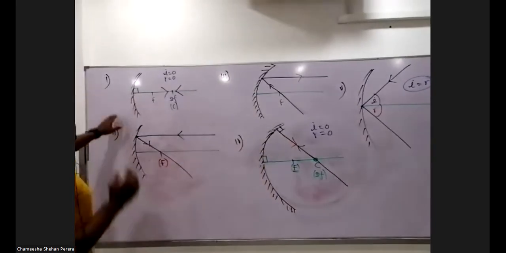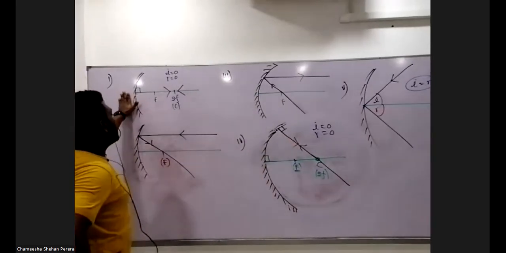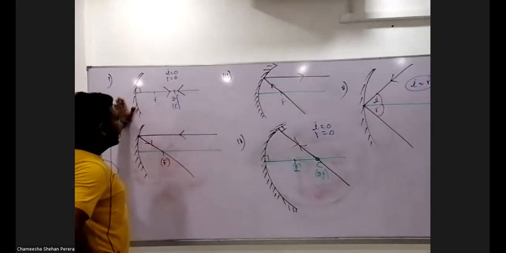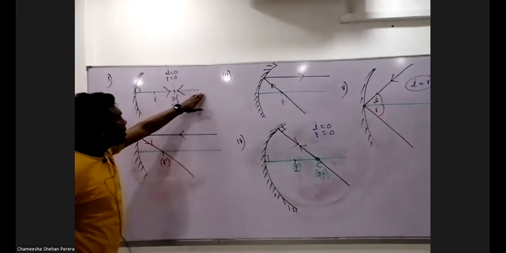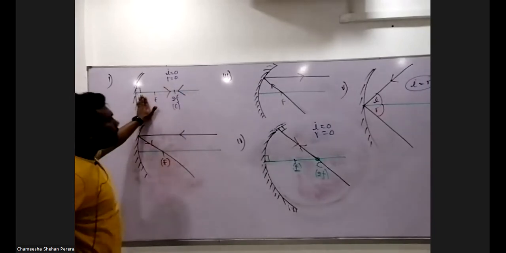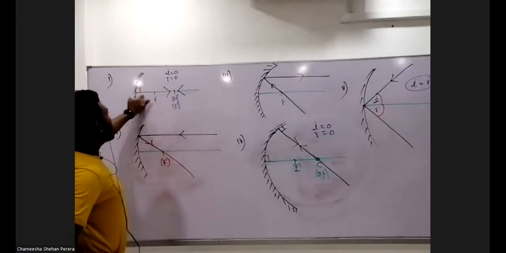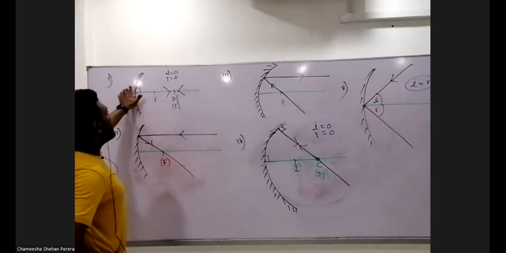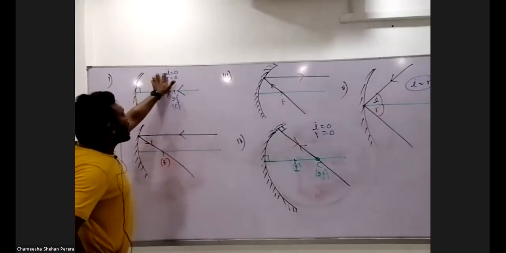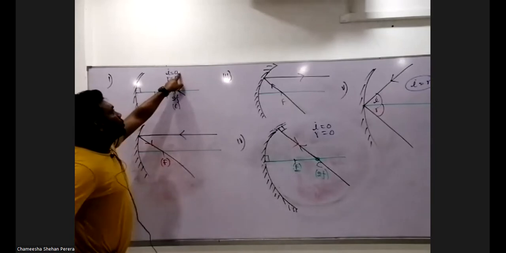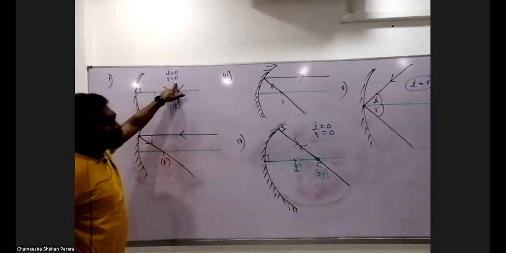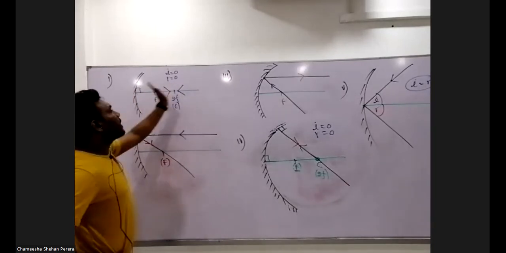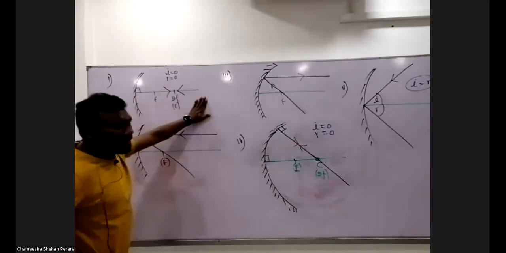Law number one: if a light ray reaches the concave mirror surface along the principal axis, the incident ray strikes the mirror with a perpendicular and the incident angle will be 0. So according to the laws of reflection, the reflected angle also should be 0. As a result, the light ray gets reflected back along the same pathway.